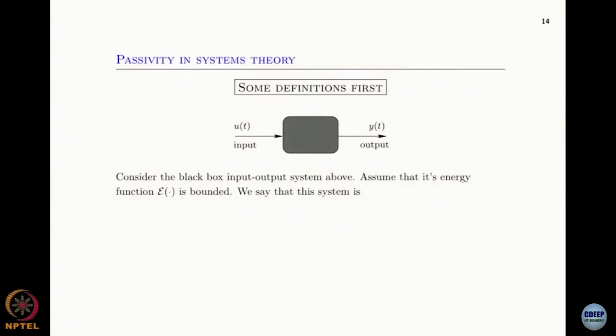So let's just formalize a little bit what we have seen for these elementary examples into some definitions of passivity that you find in the literature and that are useful in passivity-based control. So if we consider a generic system, again, just a black box with inputs and outputs, and we denote E as its energy, we are going to assume that it is bounded.